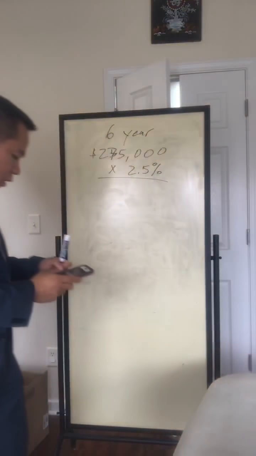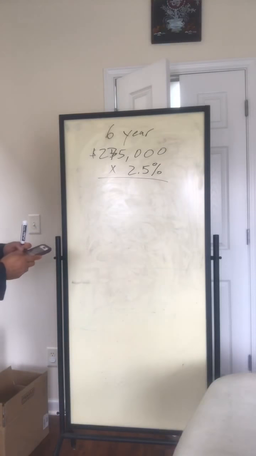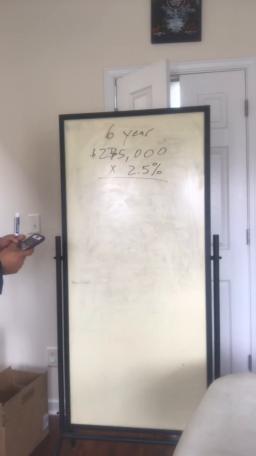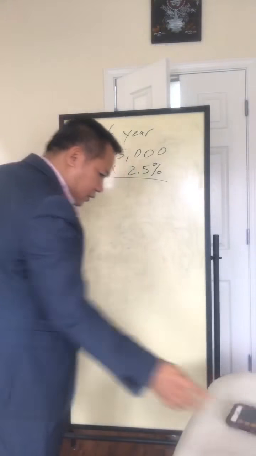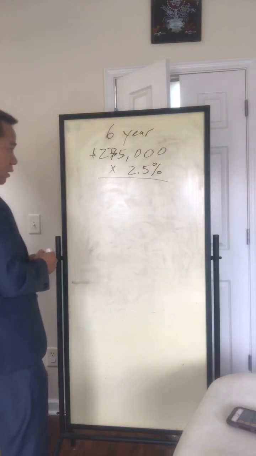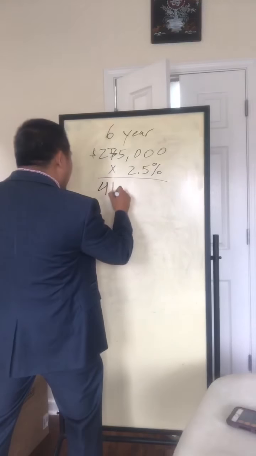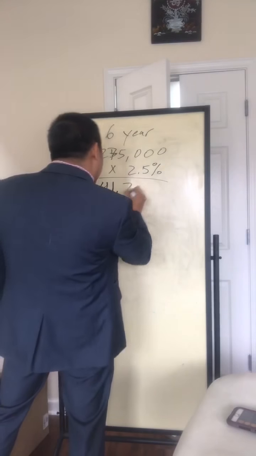Let's go back to the calculator. That's about 41,000. That's how much they make in gross income.